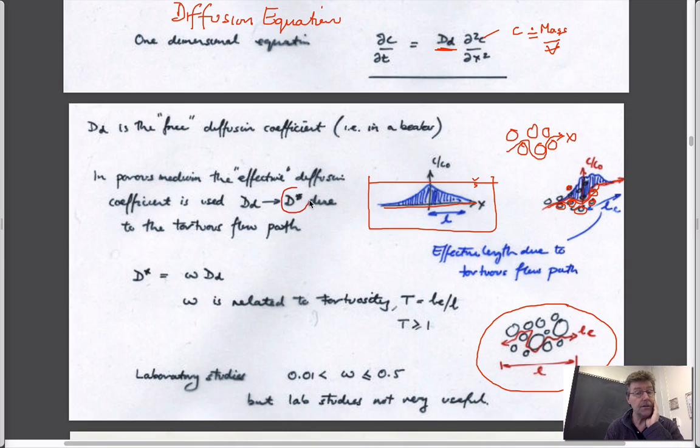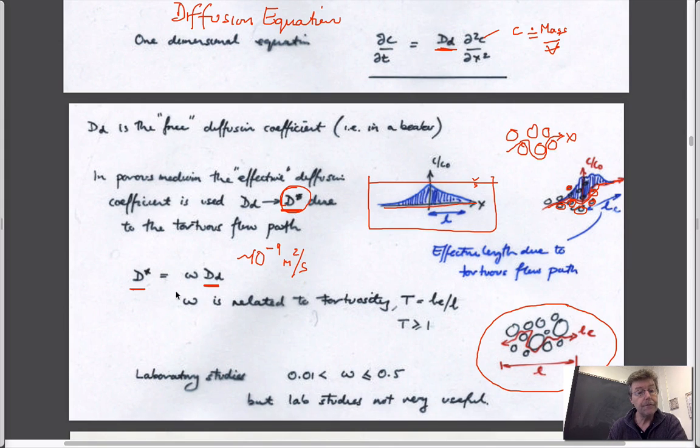And that is, if we look at this flow through a porous medium, we have to use an effective diffusion coefficient. And we can get this effective diffusion coefficient by taking the one that you'd look up in a reference book for the diffusion of sodium chloride in water, which would be typically of the order of 10 to the minus 9 meters squared per second, for lots of different compounds.